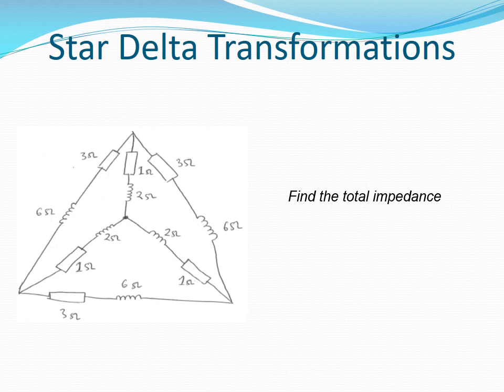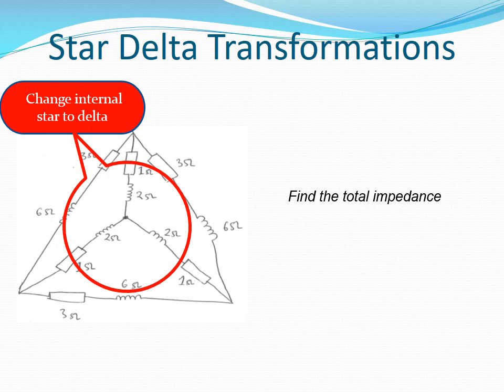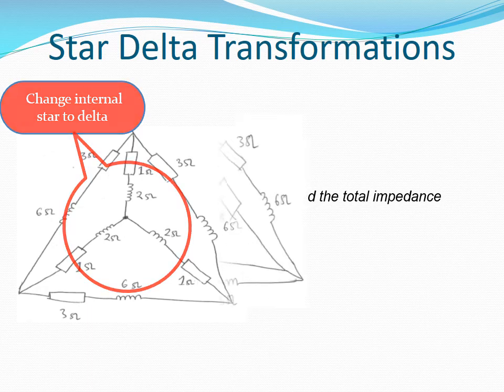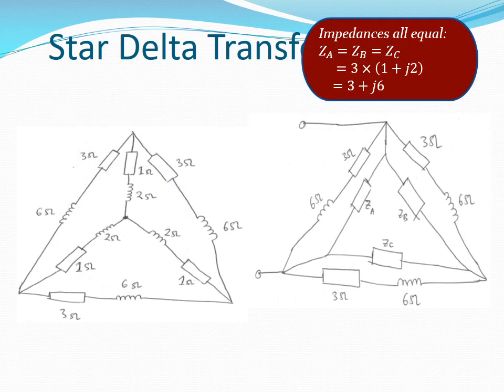Another example, we want to find the total impedance. Again, we need to perform a star-delta transformation. Let's convert the inner star network into an equivalent delta network. Thus, the circuit after we perform the transformation.